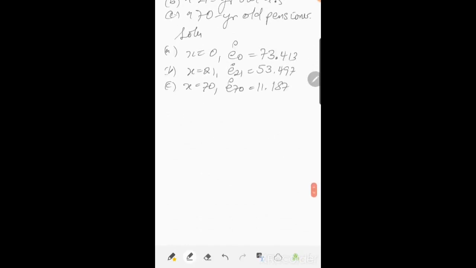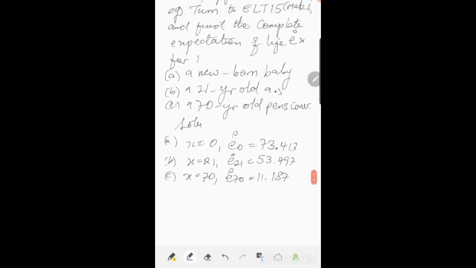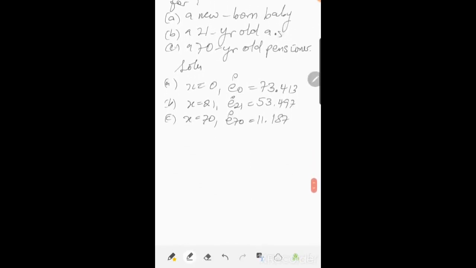So we are done with the complete expectation of life, which is denoted by e naught x. Now we look at the curtate expectation of life.